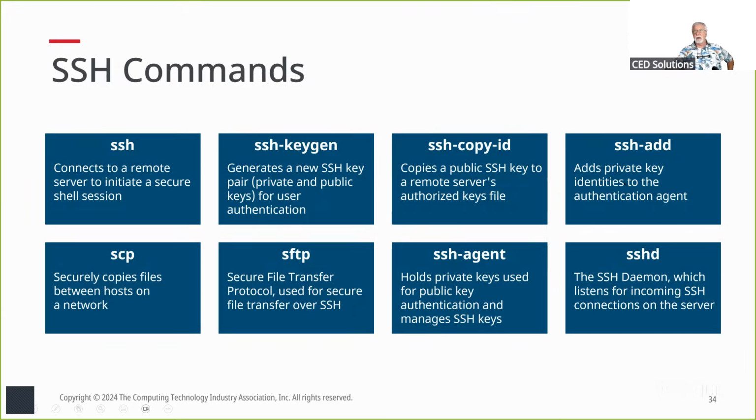This adds the private key to whatever agent program you're using, the PuTTY program or whatever, so that those two exchange that information dynamically. And then the SCP command or SFTP command, either one, allows me to send and receive files over that secure shell connection. So these are the major Secure Shell commands.